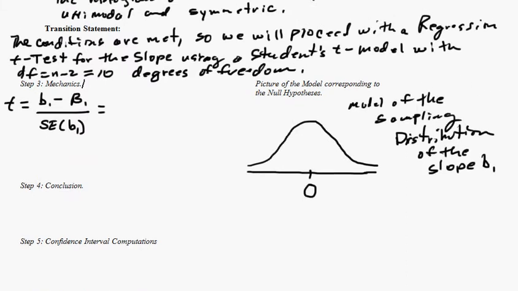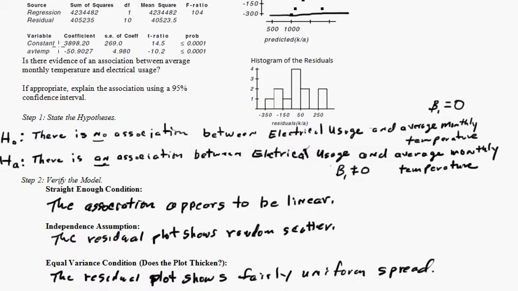So this data comes from... here's the y-intercept, here's the slope, and here's the standard error of the slope. And the t-value is negative 10.2.